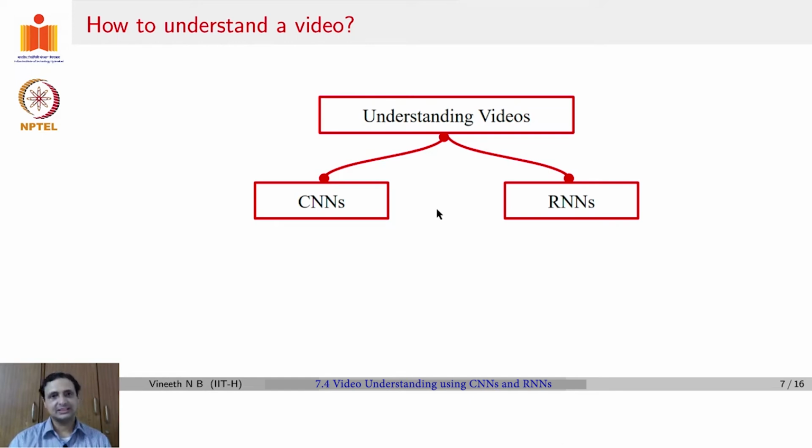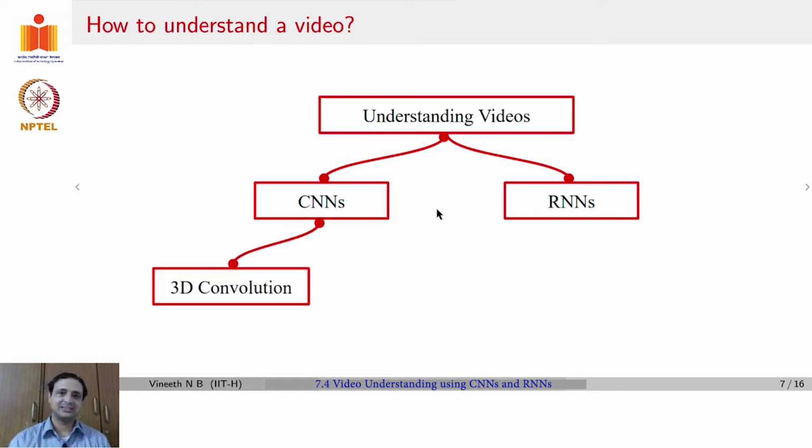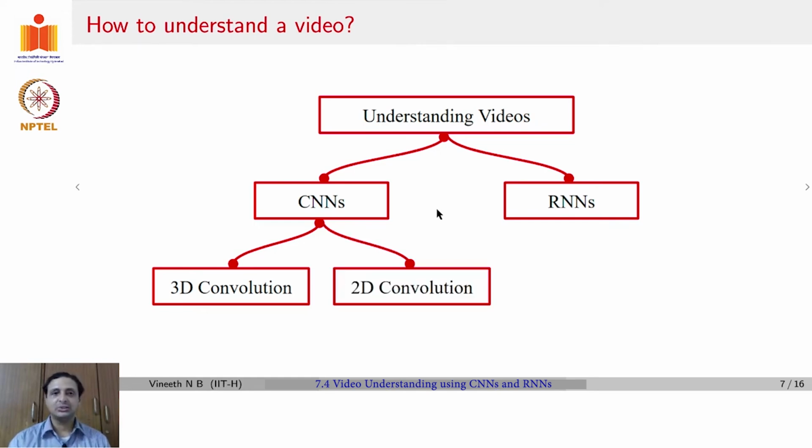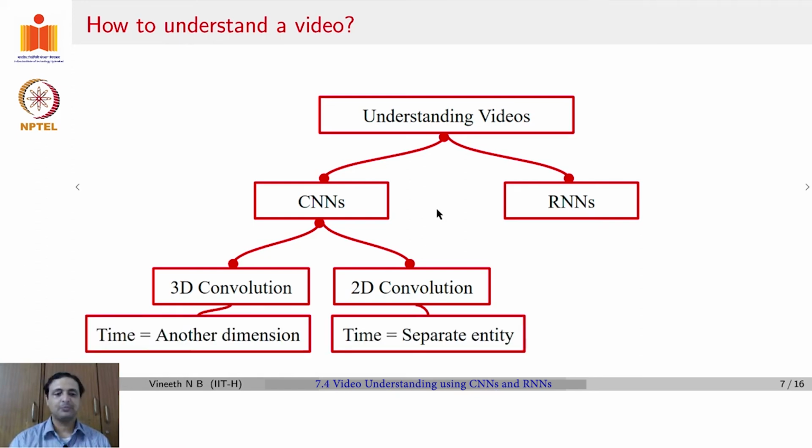Even within CNNs, there are two ways to perform video-based understanding. One is to do what is known as 3D convolution, and the other is to see if you can repurpose 2D convolution itself to understand videos.